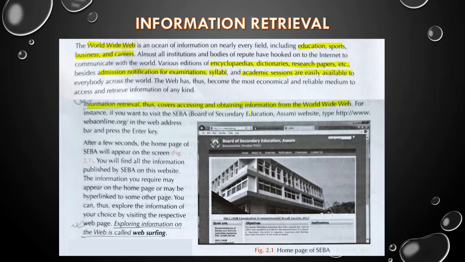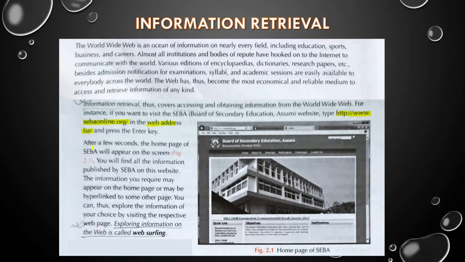For instance, if you want to visit the SEBA, Board of Secondary Education Assam website, this is the website, www.sebaonline.org. You have to enter this website in the web address bar and press the enter key.